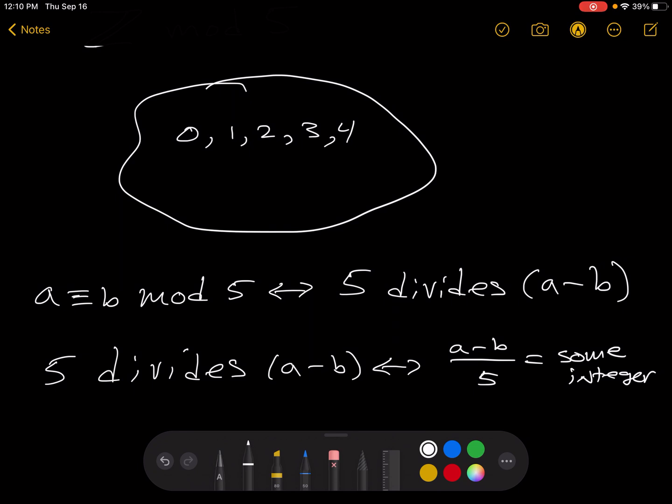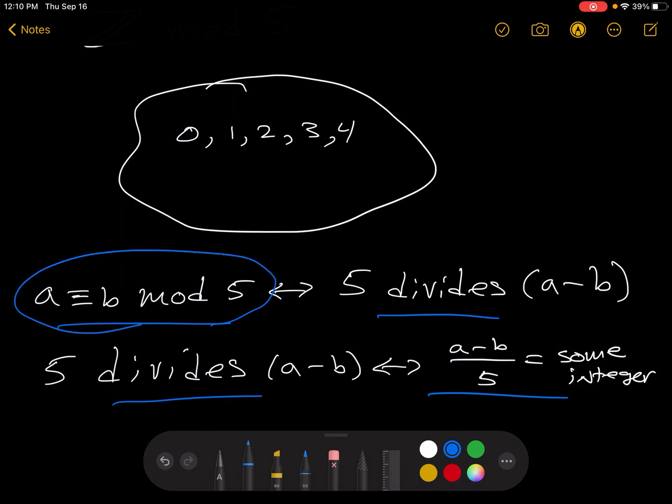Right, so if this is the same as this, and this is the same as this, then that means that this and this are the same. All right, and so that's what we'll use together.